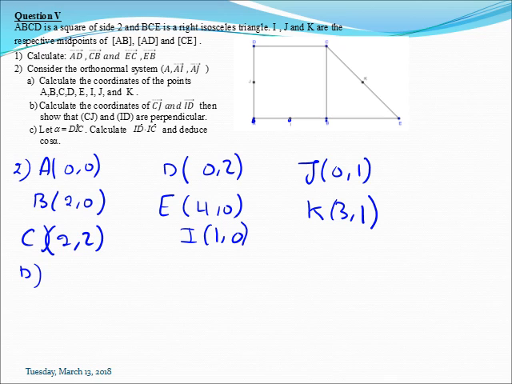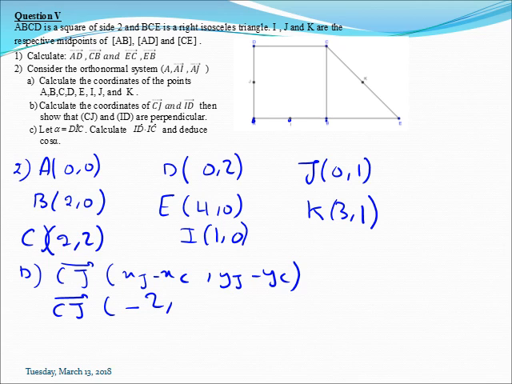B. Calculate the coordinates of CJ. CJ is (xj minus xc, yj minus yc), so CJ is (minus 2, minus 1). Now the coordinates of ID: (xd minus xi, yd minus yi). xd minus xi is equal to minus 1, and yd minus yi is equal to 2.